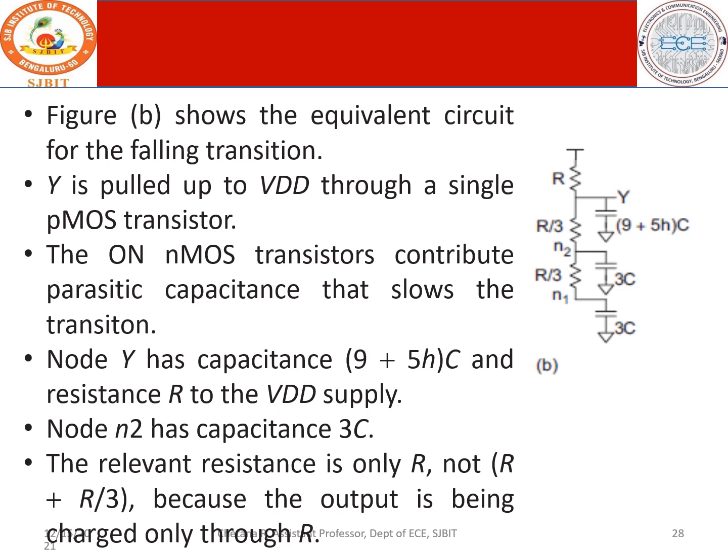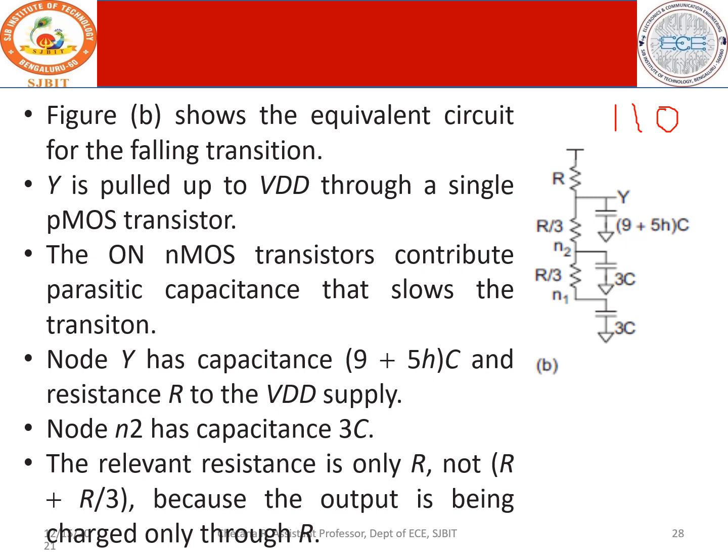So Y is pulled up to VDD. When we have this, the worst case is considered, with only one input low, that is 110. Therefore, this is completely off, and the two transistors on the top are also off. So only one transistor contributes the parasitic capacitance.